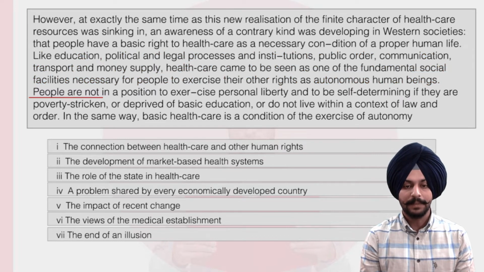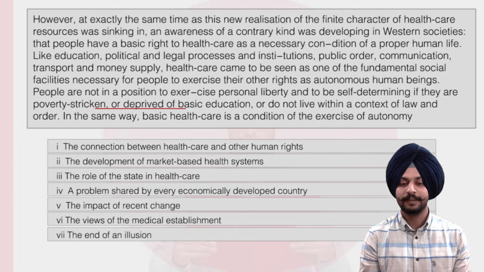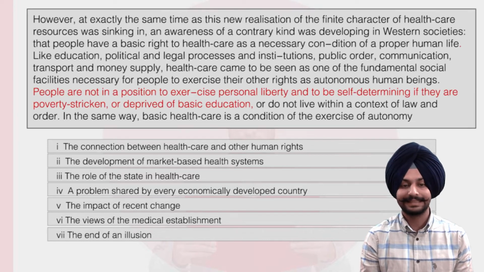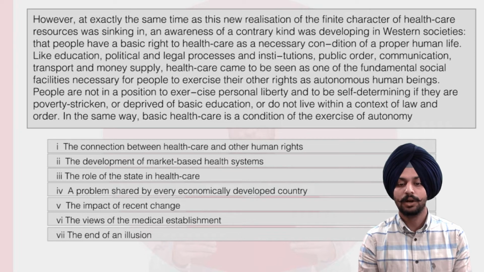People are not in a position to exercise personal liberty and to be self-determining if they are poverty stricken or deprived of basic education. So in this line they are talking about how people are not able to exercise their personal freedom if they are poverty stricken, or deprived of basic education, or do not live within a context of law and order.